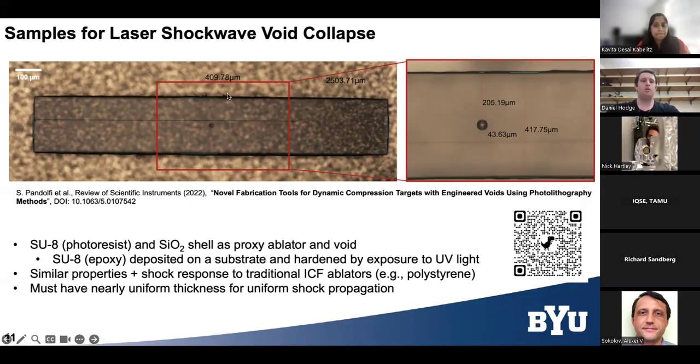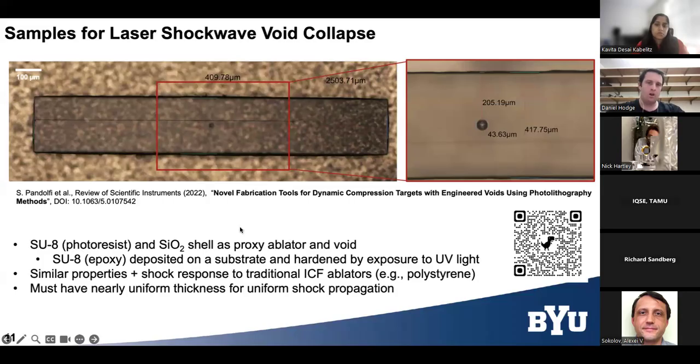The reason we use these materials is because they have similar shock properties in response to ablators that are used in current ICF experiments. So to have an apples to apples comparison, we used materials that have a similar response. And the reason we made our samples this way is that it's very convenient.